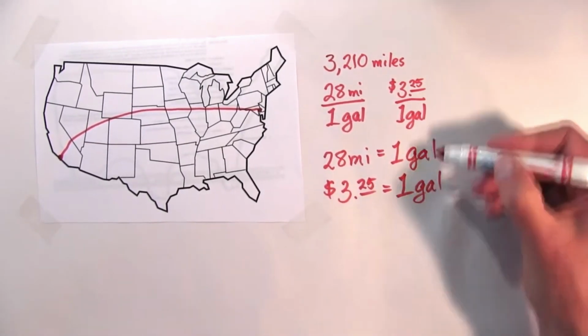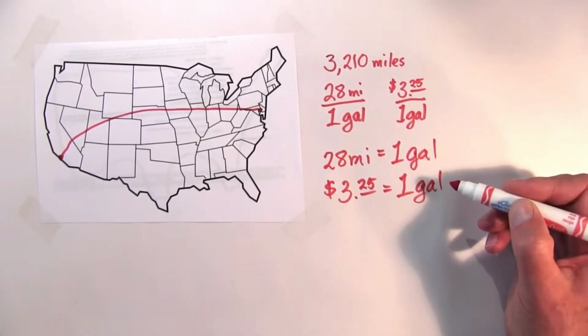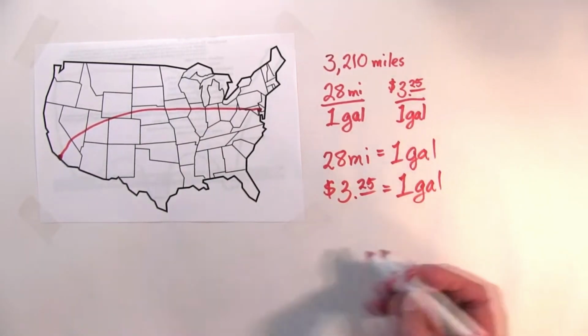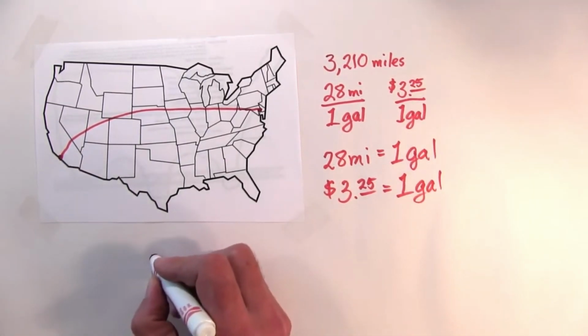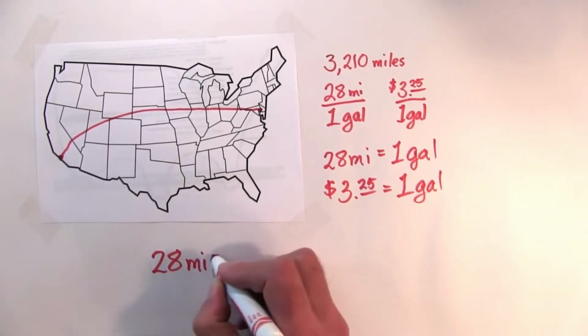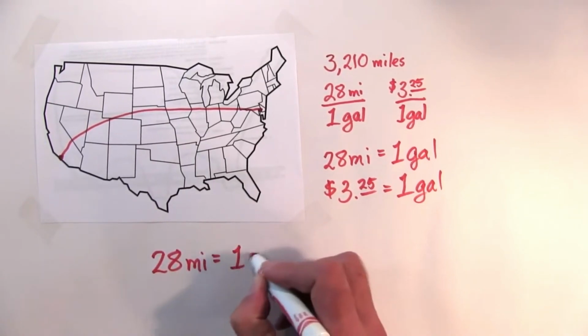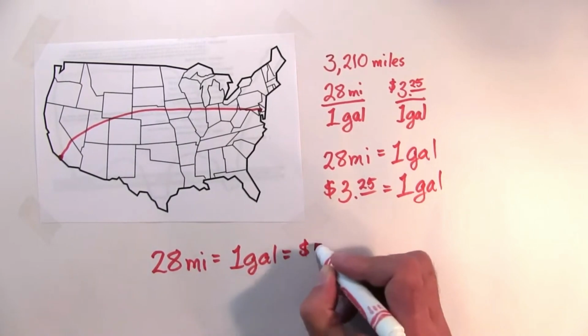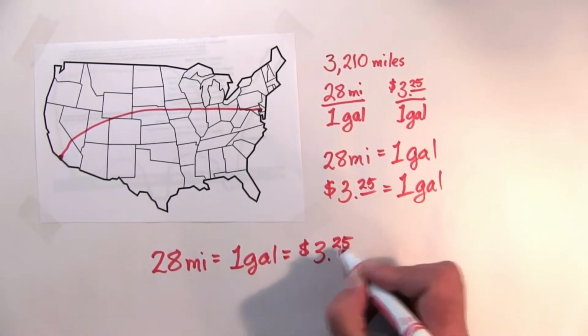Now you'll notice that gallons are the same. So what I can do is take this whole thing and create one long equation. 28 miles equals 1 gallon of gas equals $3.25.